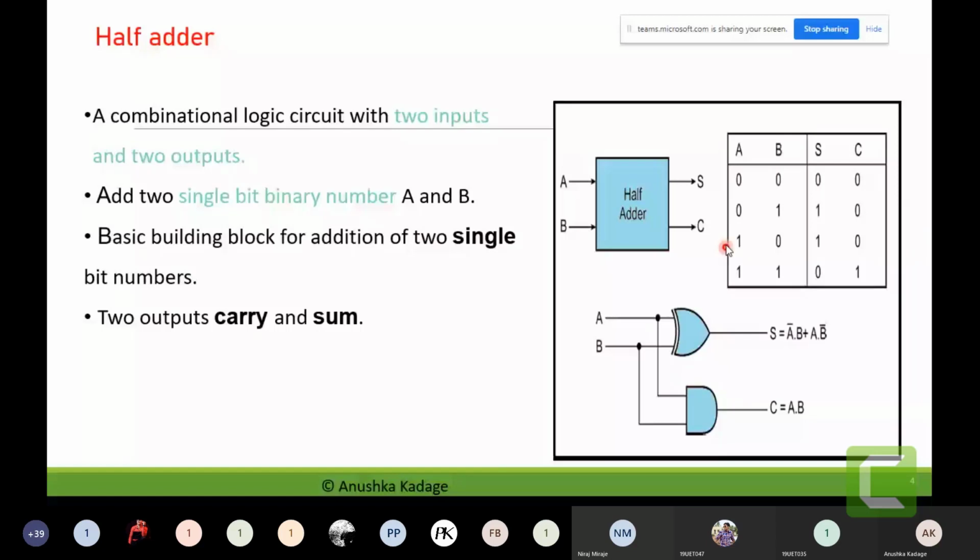So from this truth table, we can see that for two defined input variables there are 4 possible input combinations, and corresponding to each input combination, we have to define the output variables S and C. For defining these output variables, we have to use gates, and those gates perform the addition of these two inputs, as the name of this block itself is adder.